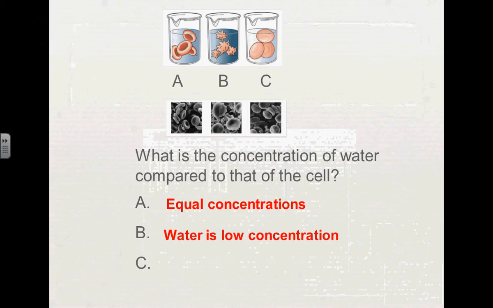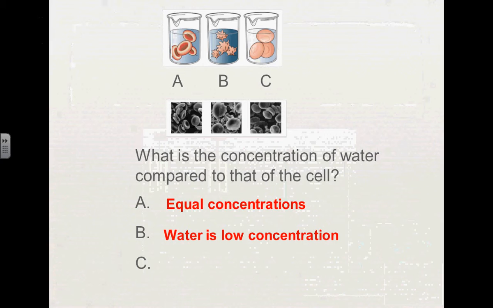If the cell's 95% water and the liquid is 90% water, what's going to happen? Where is there a higher concentration of water? Michael? In the cell. There's a lower concentration in the liquid.